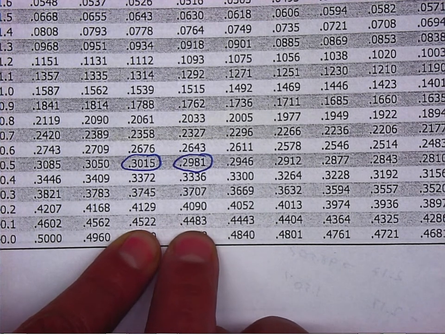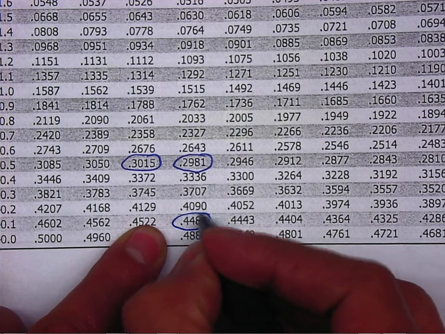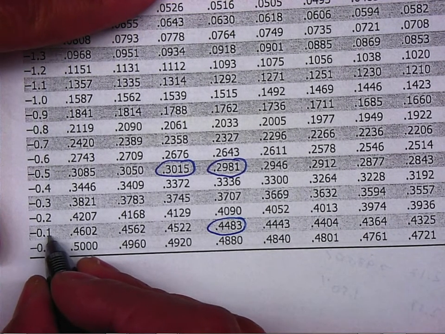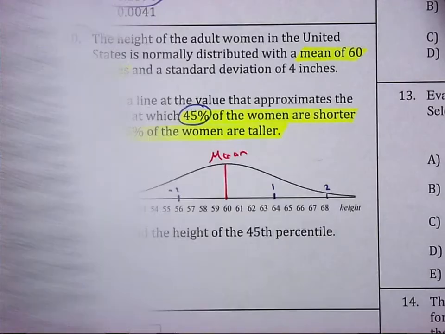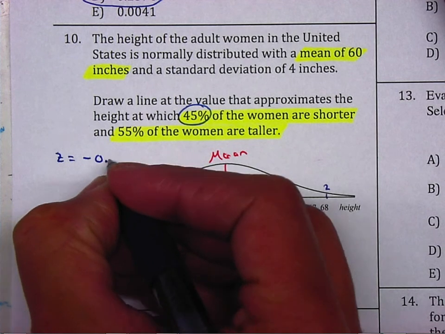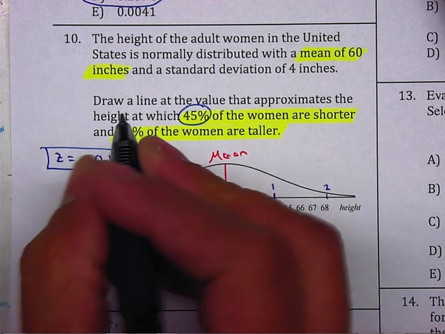To get to 45, you need 17, and to get to 45, you need 22. So this one will be closer to 45. So it'll be negative 0.13. So your z value is negative 0.13. And from there we can place your bar.